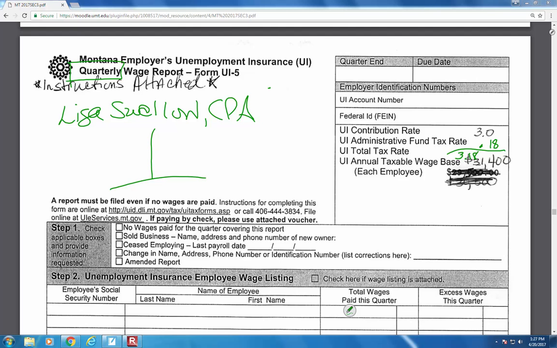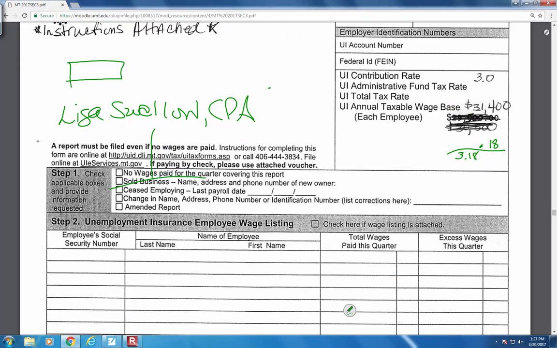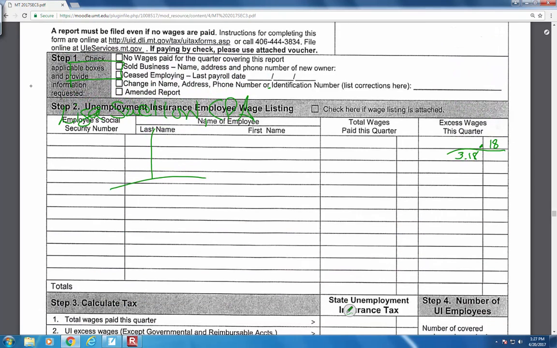I mean, that is important, and I'll show you on the assignment what wage base to use. But what's important is down here. This is where you fill out and tell me who your employees are. Say I've got 5 employees.